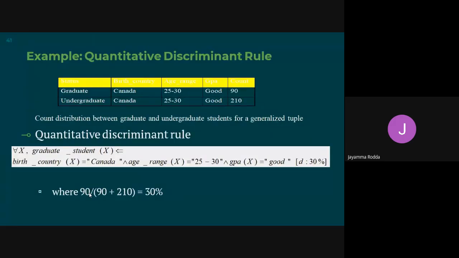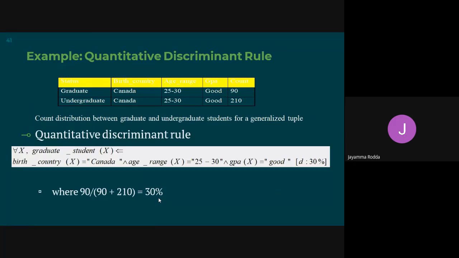So we identified it to be 30% based on the count of target class plus count of the contrasting class. When they are summed, we got 90 by 90 plus 210, which means 300. 90 by 300 is nothing but 30% of graduate students are there.